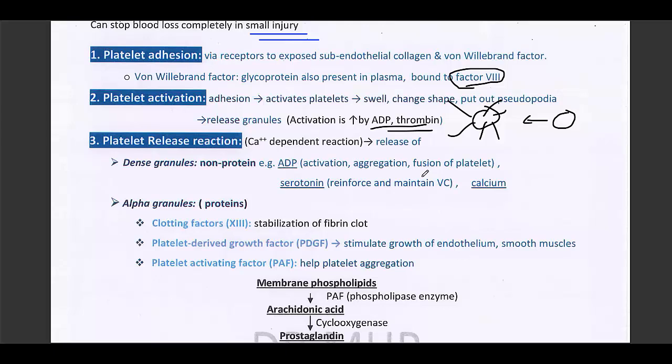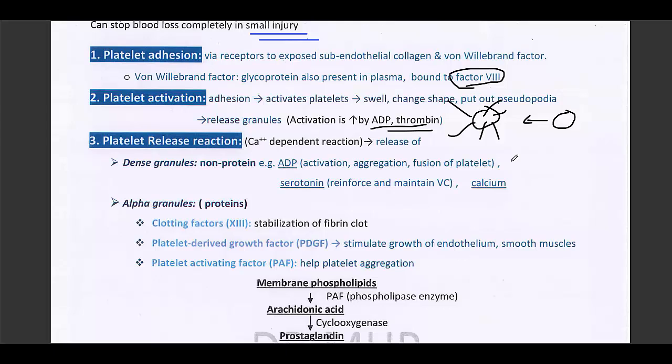As we said, alpha granules contain clotting factors, like factor 13, which stabilizes the fibrin clot, and platelet derived growth factor, or PDGF, which stimulates growth of endothelium and smooth muscle, and platelet activating factor, PAF, which helps platelet aggregation.